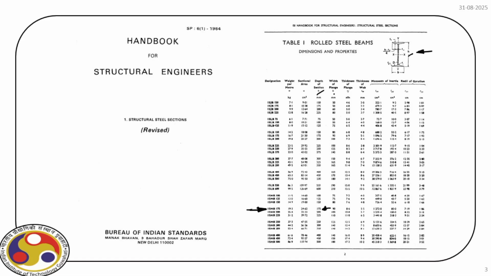Similarly, we have B, that is the width of the flange, then TF, thickness of the flange, TW, thickness of the web, and also the moment of inertia about xx, yy, and the radius of gyrations. All these sectional properties are given and their proper units are also given here. So from this table, you get the detailed property of the ISMB 175 section.